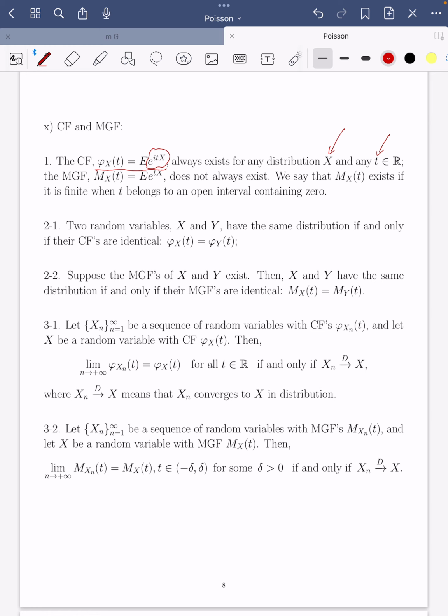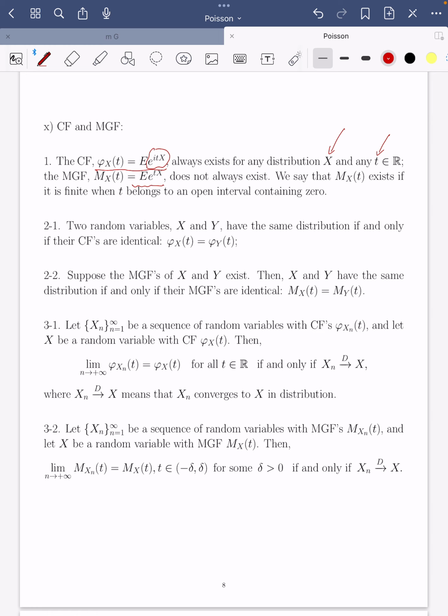The moment generating function, however, is equal to the expectation of e to the tx. This function does not always exist. For Poisson, normal, and binomial random variables, the moment generating function exists. But for the Cauchy distribution, the moment generating function does not exist.